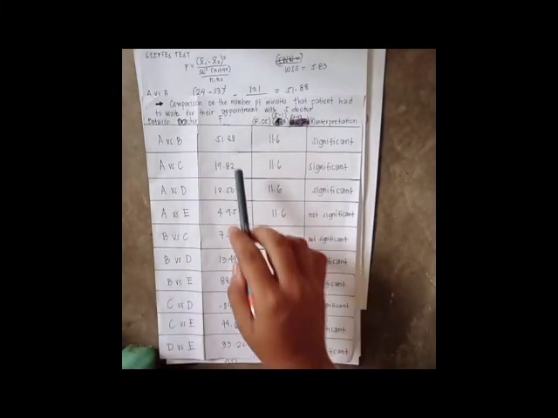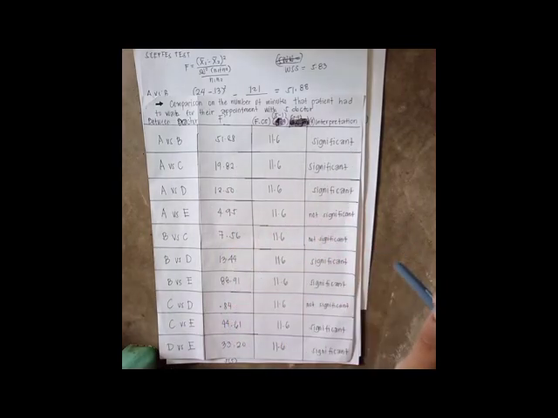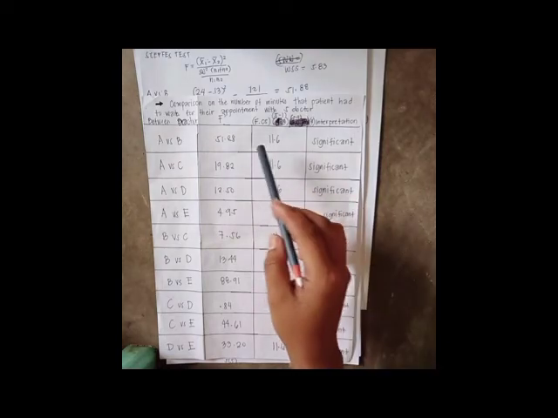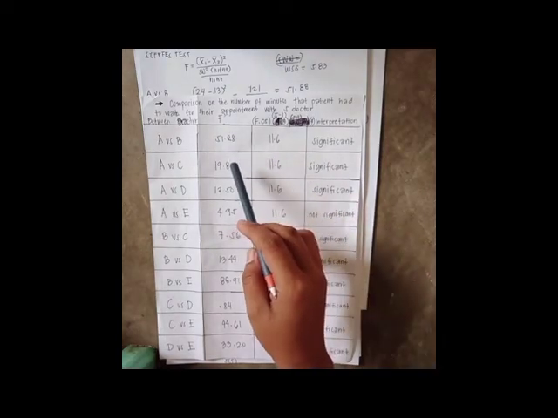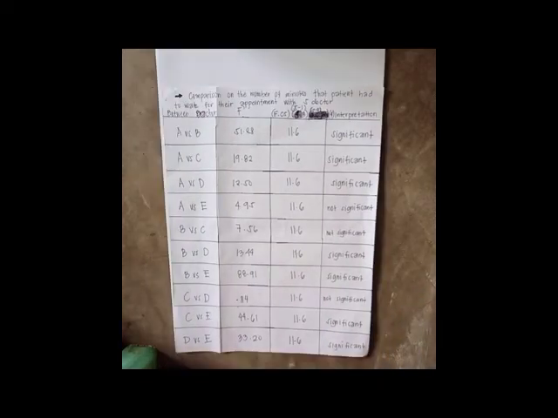So, in our interpretation, if our Scheffe's test value is higher, then there is significant difference. If our Scheffe's test value is lower, there is no significant difference in the number of minutes that the patient had to wait for their appointment with 5 doctors.